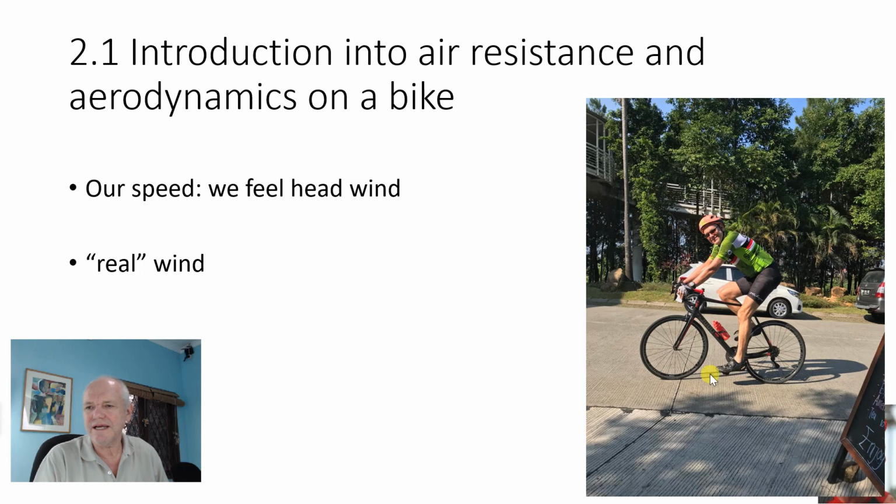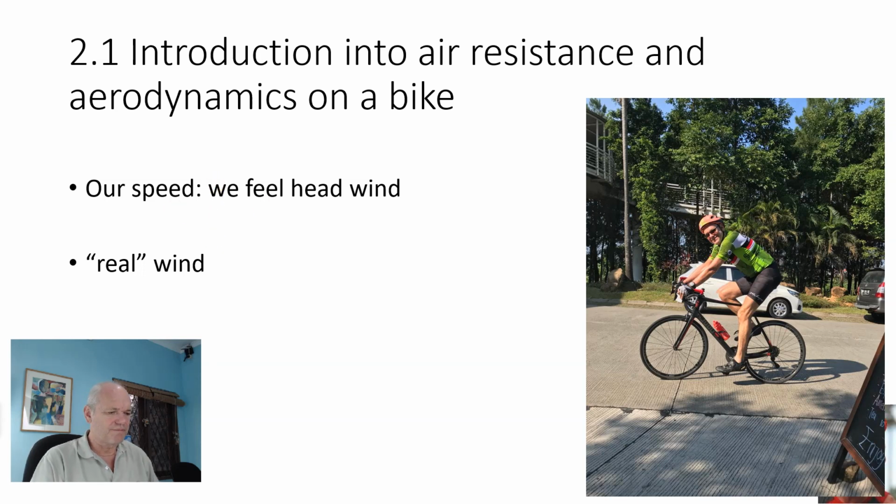If we are on the bike and we are driving, then we always feel some headwind, wind from the front, and that is related to our speed. If we are going 30 kilometers per hour against the wind, then our feeling is like the wind comes to us at 30 kilometers per hour.